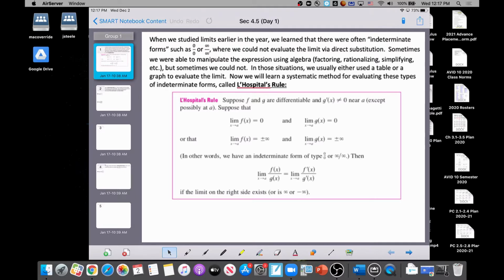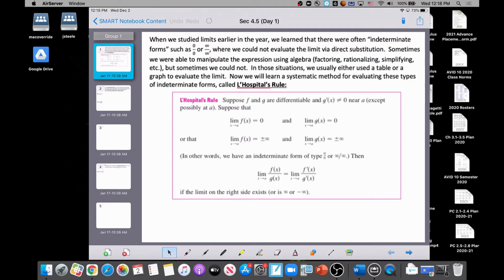There was no rationalizing or simplifying or foiling or distributing or anything that would help us figure out the limit. And so then our only options at that point were either to make a table or a graph and just examine what was happening right around the x value where we were trying to determine the limit.